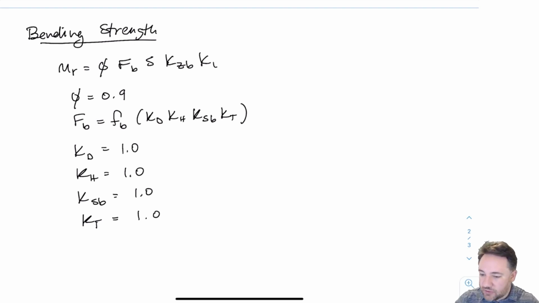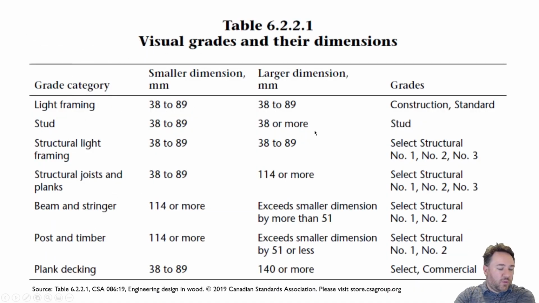This is a 2x12, which means that we are 38 by 286. How do I find that?